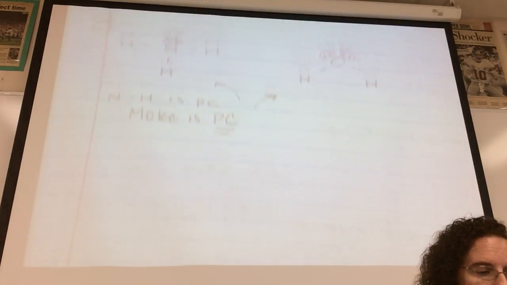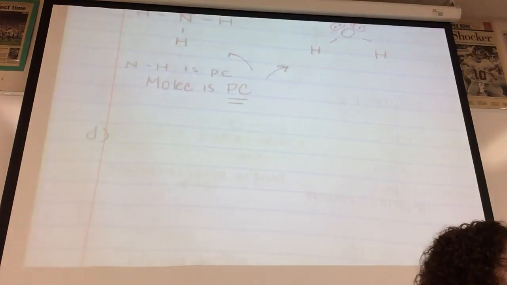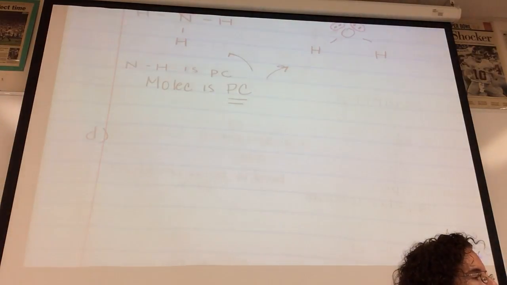The last rule is the trickiest. It says, if the bonds are polar, examine the symmetry.